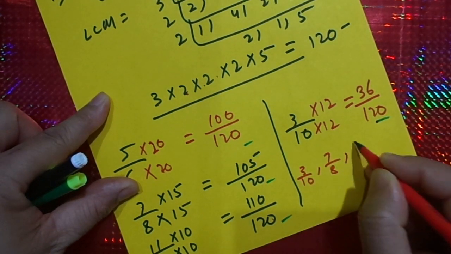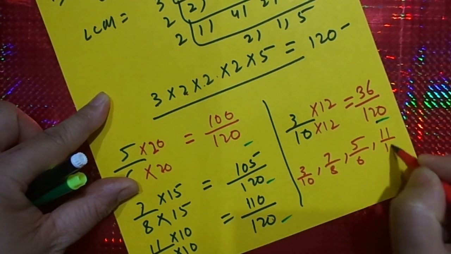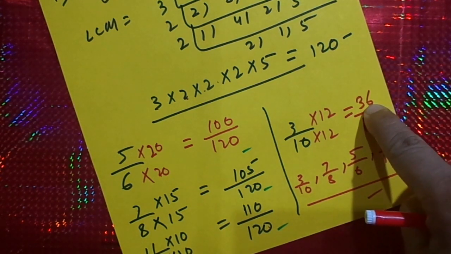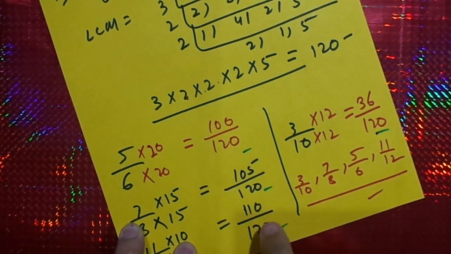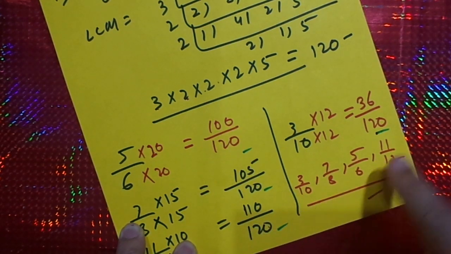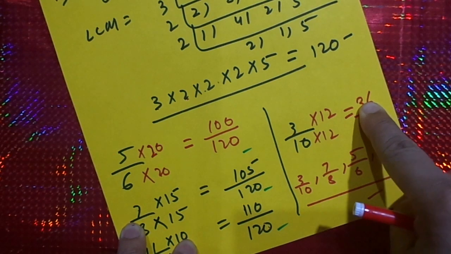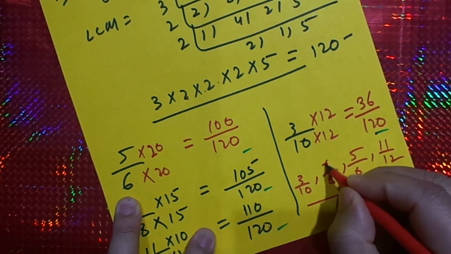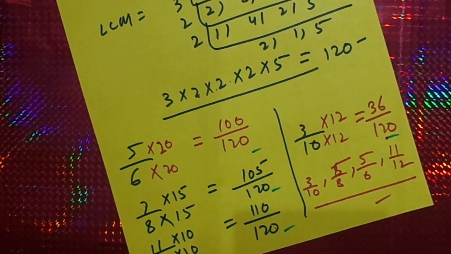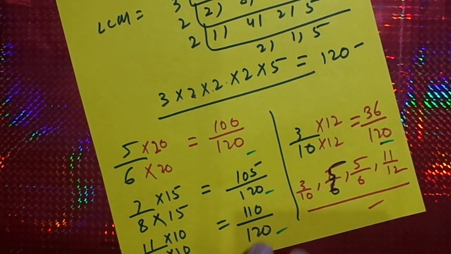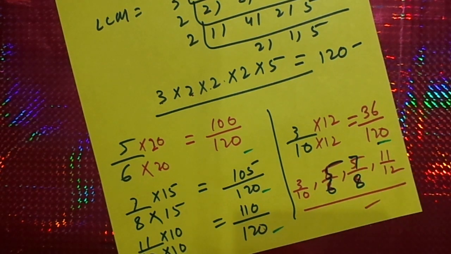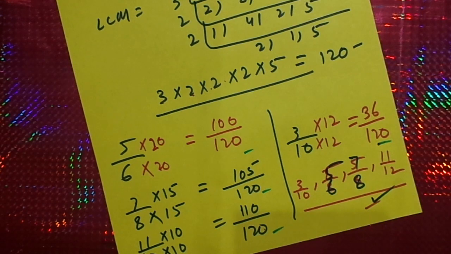And then 5 by 6, 7 by 8 and 11 by 12 are the values which are in ascending order. First is 36, then you have 5 by 6, that is 100, then the bigger number over here is 7 by 8, 105, and then the biggest is 11 by 12, yes, now it's correct.